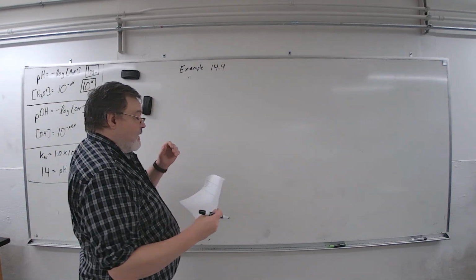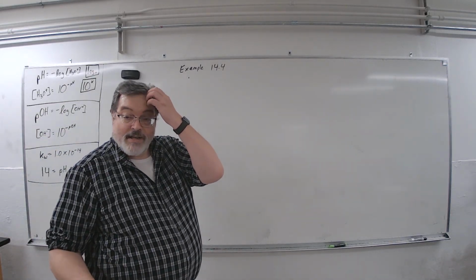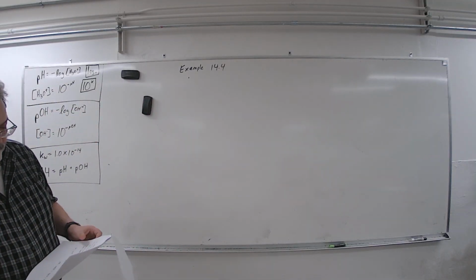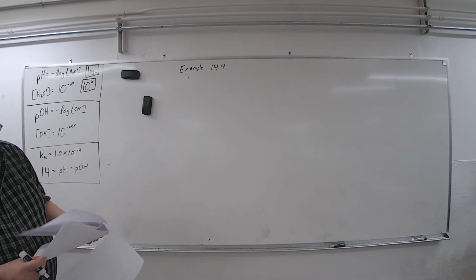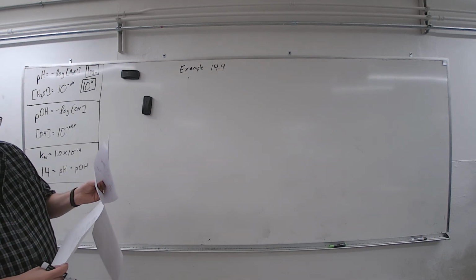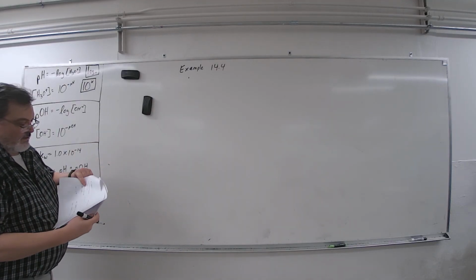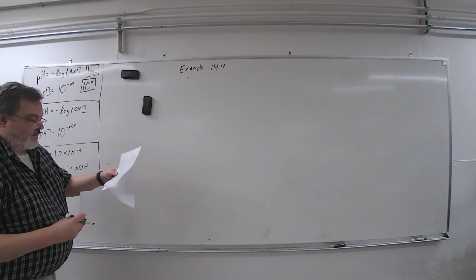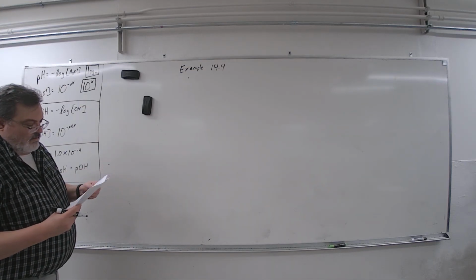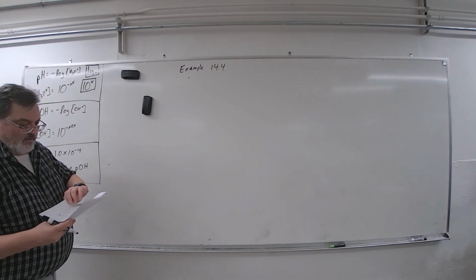I included in here a list of strong acids and strong bases, so you'll know when you're dealing with a strong acid or a strong base. Somewhere towards the back. Right there. Strong acids and strong bases. Okay, let's do this next one, please.